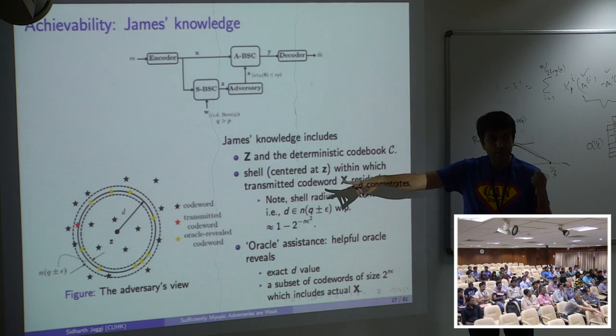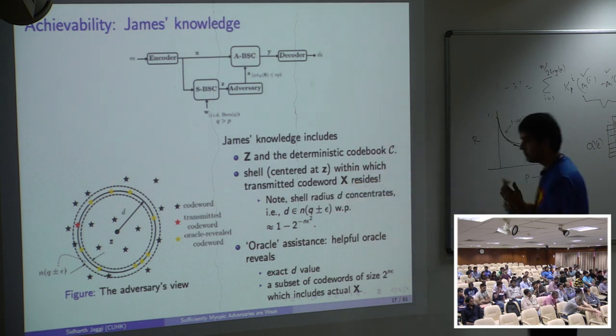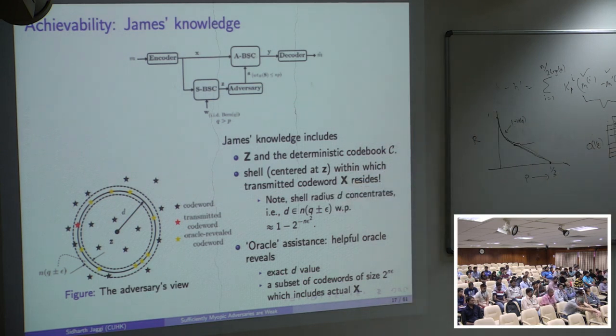Okay, so let me do this a little bit more carefully. This shell that I'm drawing over there is Z, and this shell is of volume approximately 2 to the n h of q, right? So the fractional volume is 2 to the n h q over 2 to the n.